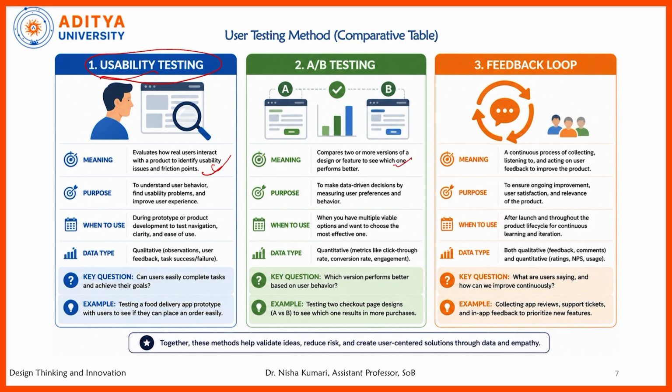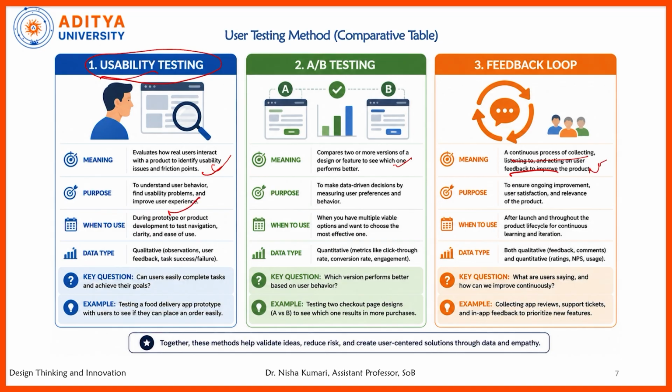Then A/B testing compares two or more versions to get a better product which is giving a much better positive impact. Then feedback is a continuous process of collecting and listening to our users and understanding what they want from our product or service and implementing those things which are feasible.